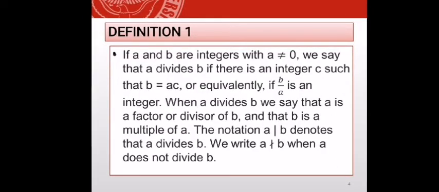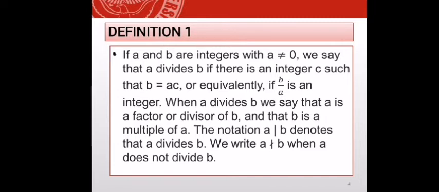So if a and b are integers with a not equal to 0, we say that a divides b if there is an integer c such that b equals ac, or equivalently if b over a is an integer. When a divides b, we say that a is a factor or divisor of b, and that b is a multiple of a.